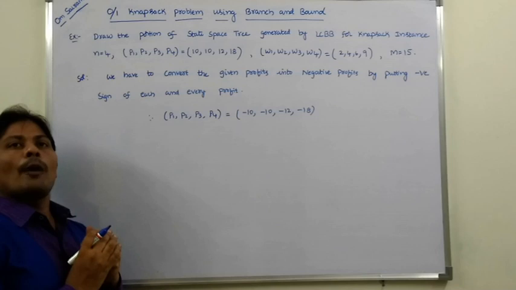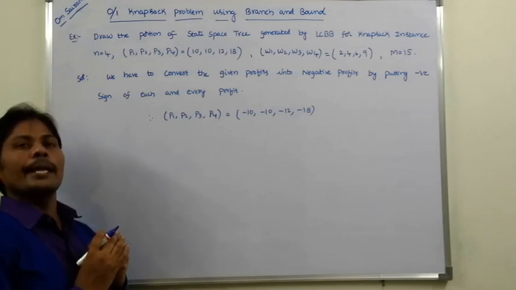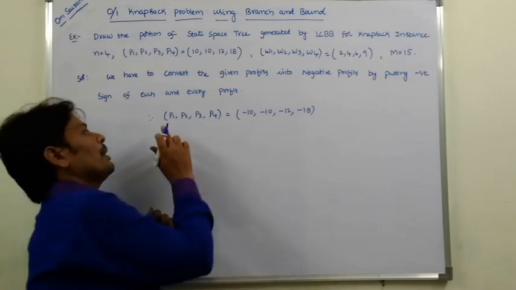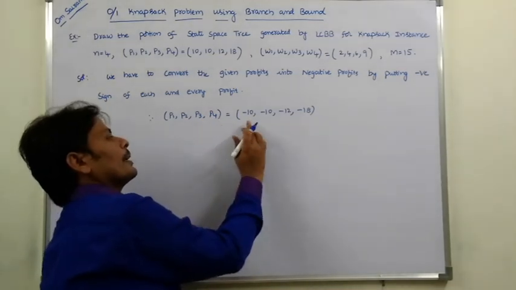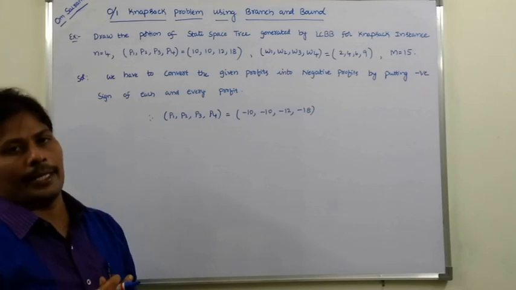So we have to modify the given knapsack problem into a minimization problem. We put a negative sign on each and every profit given in the problem. So P1, P2, P3, P4 is equal to minus 10, minus 10, minus 12, minus 18.